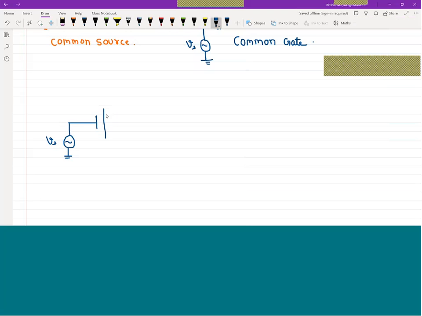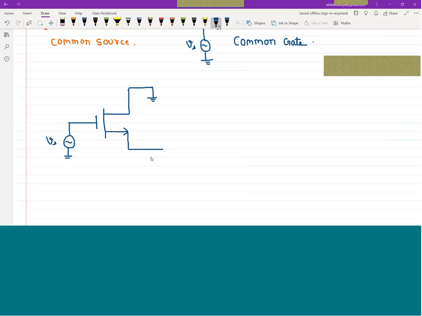Then we have the drain terminal, which is connected to 0, and we are taking output from the source terminal.